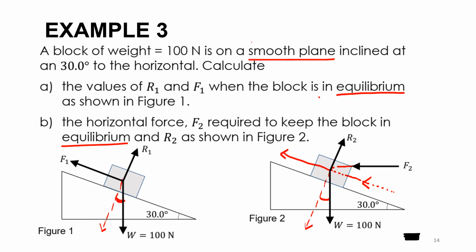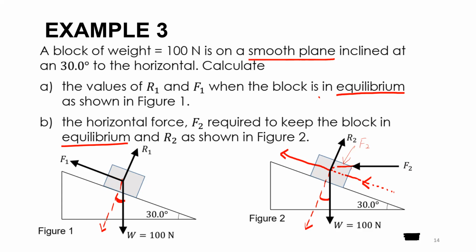No, cannot be. R2 and R1 cannot be the same because here the force is acting parallel, but over here the force is acting on the block. So when I resolve my F2, the F2 is basically acting downward.